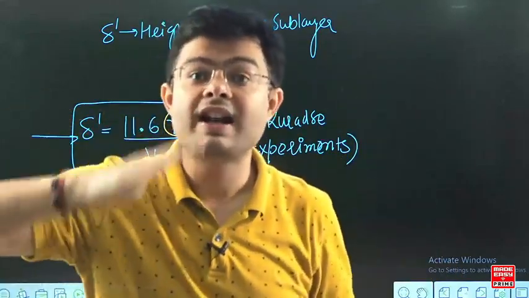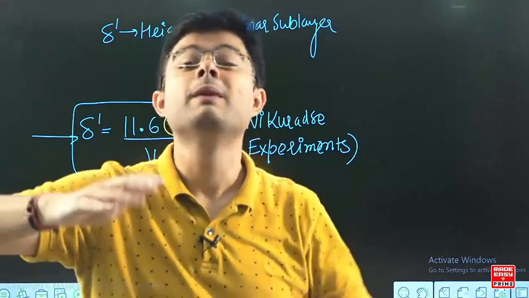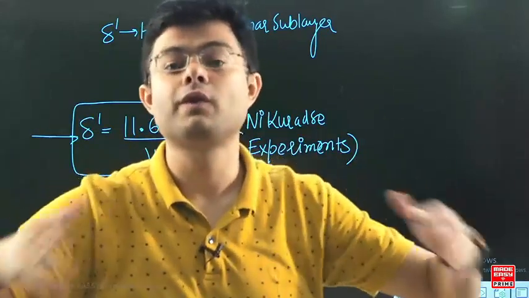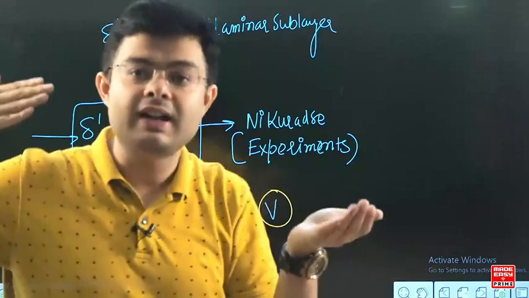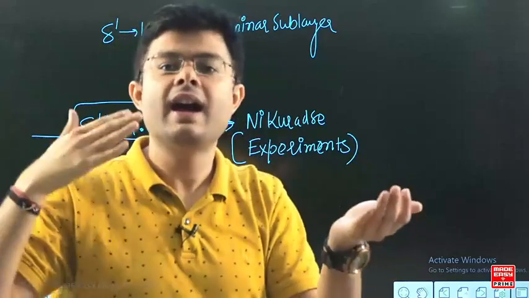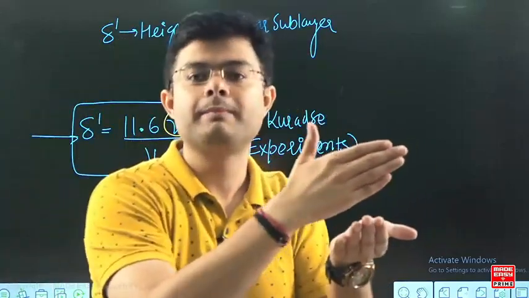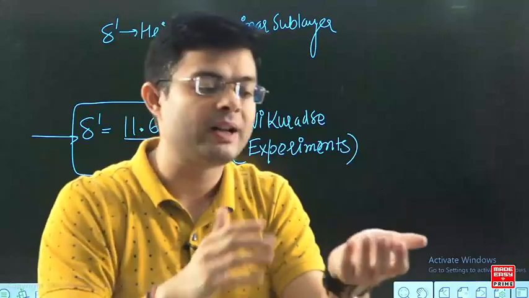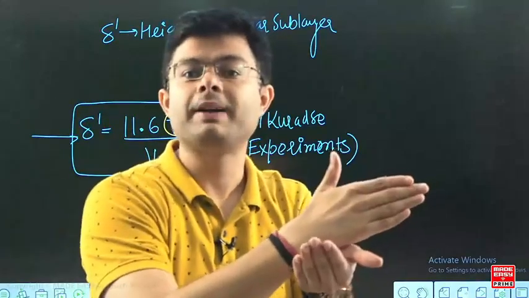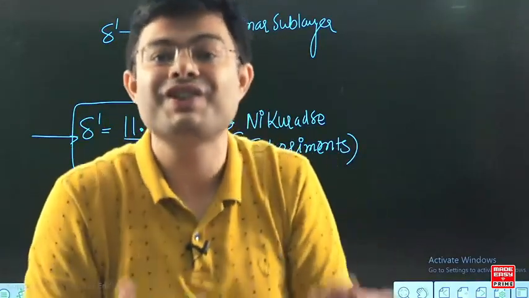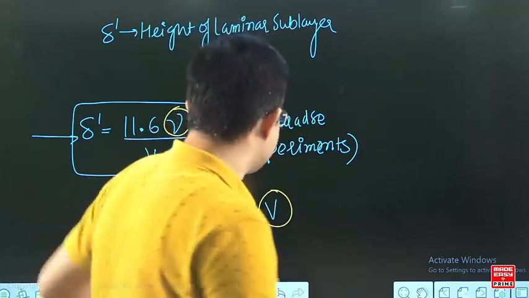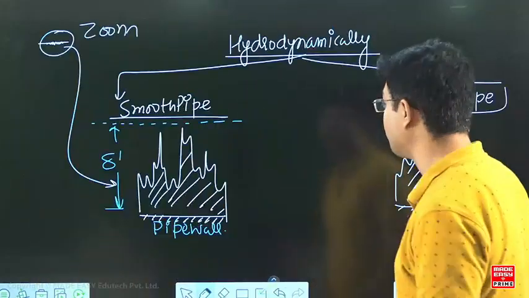It is never fixed in a pipe. For example, at the moment water is flowing in that pipe, and at some other moment some other fluid is flowing; the value of delta dash will change accordingly. So the value of delta dash depends on the flow.